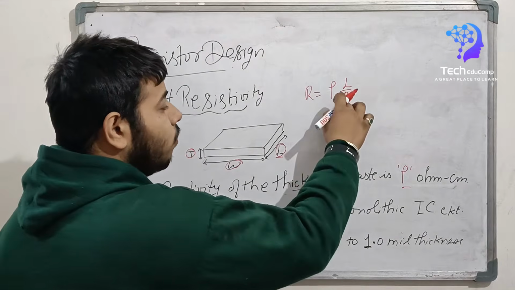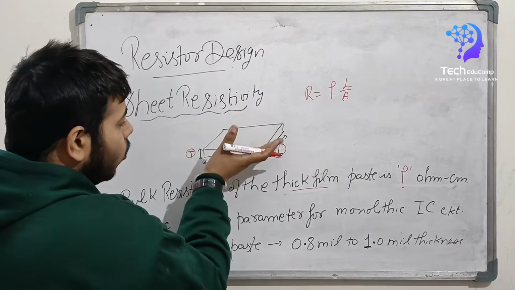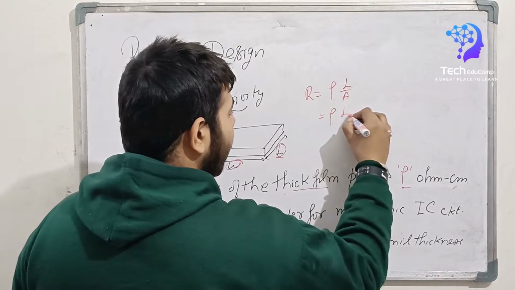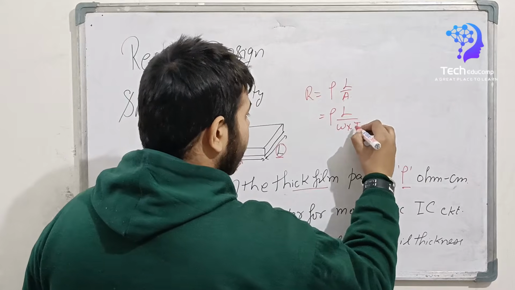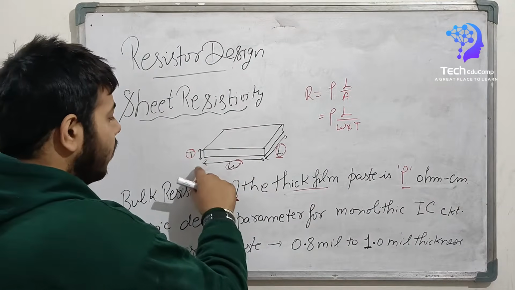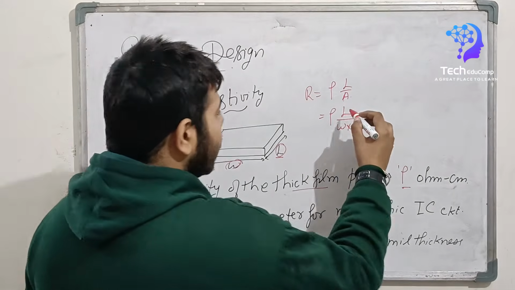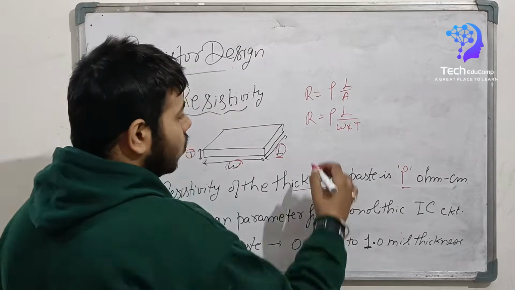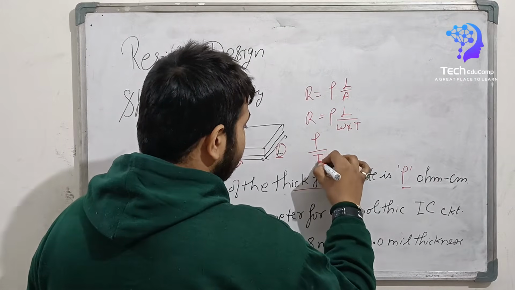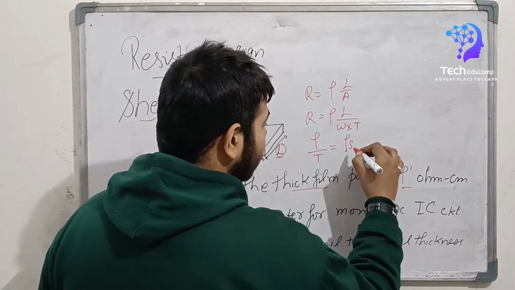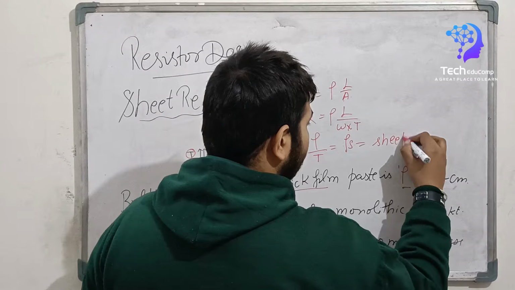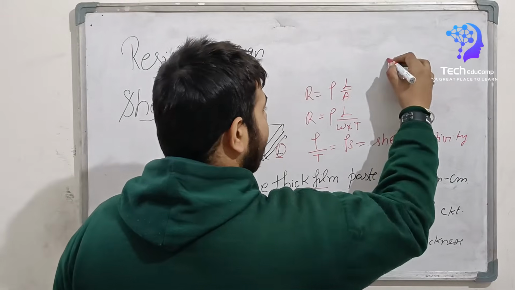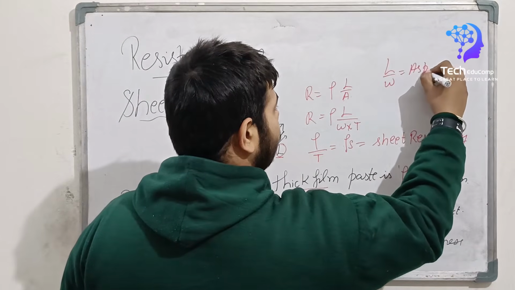So how do we find the area of the block? I keep this block in the vertical position, so the area is the width times T, that is W into T. So I can say that R equals rho L by W T. Here rho by T is equal to rho S, the sheet resistivity, and L by W is the aspect ratio.